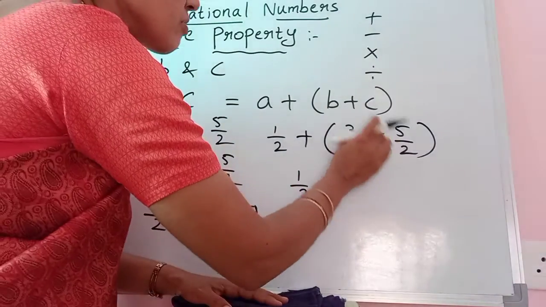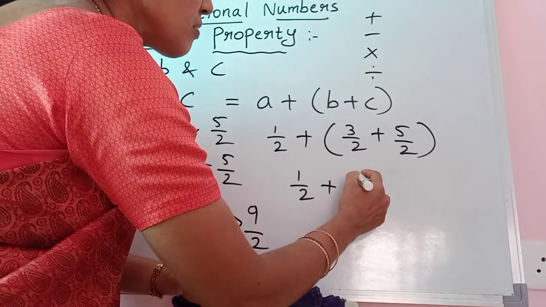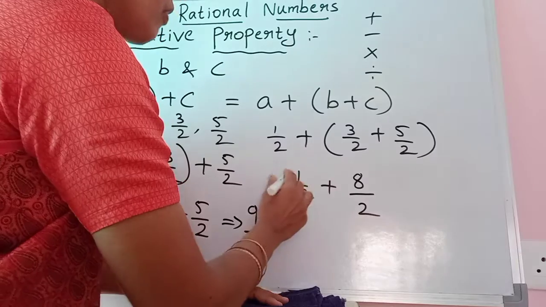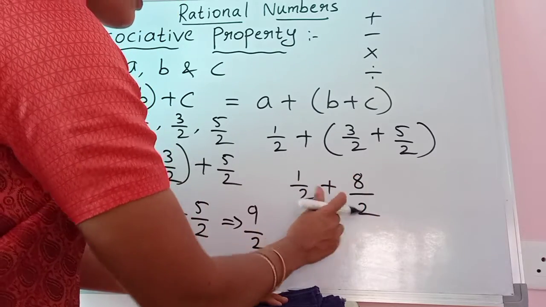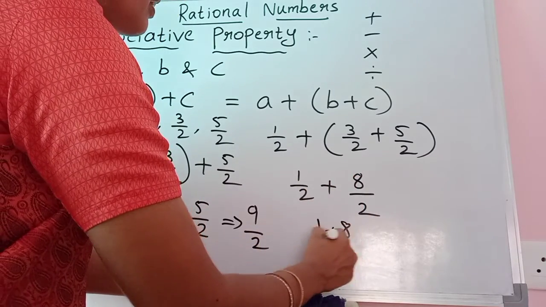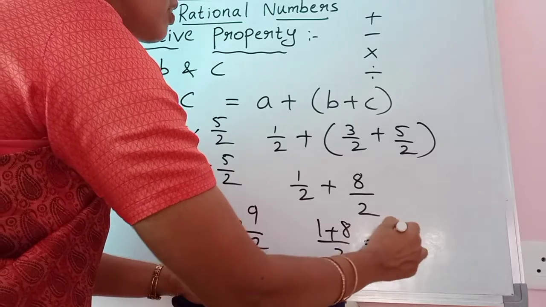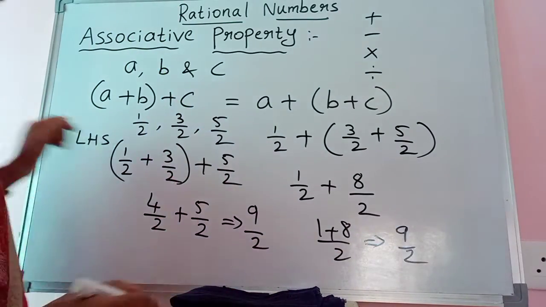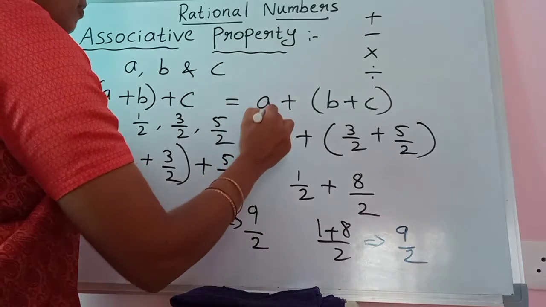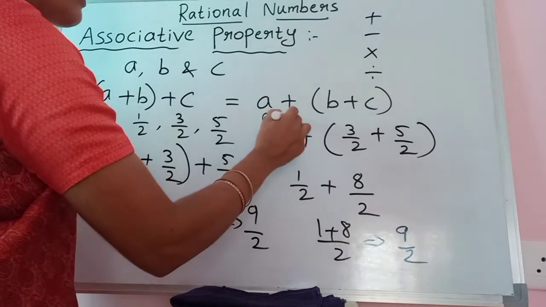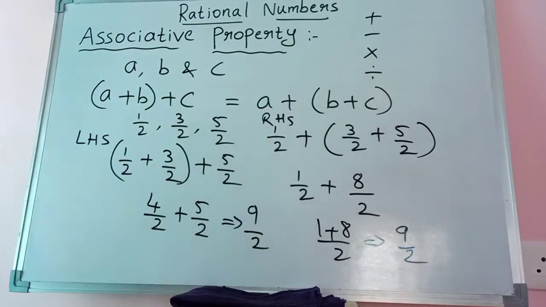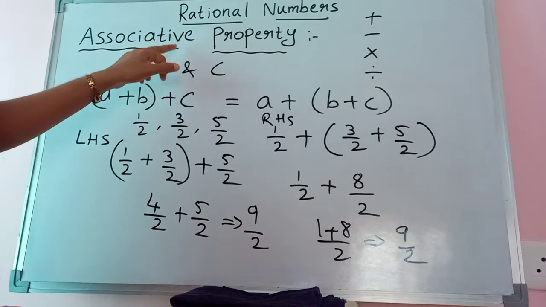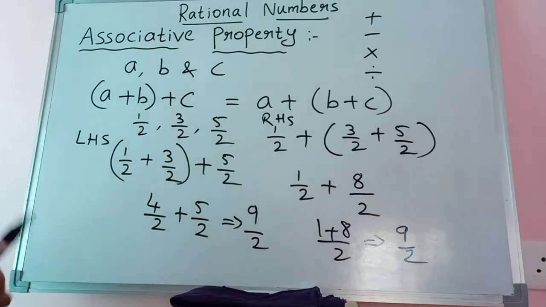Both are like fractions, and adding 3 and 5 gives 8/2. Now 1/2 plus 8/2, again like fractions, adding numerators, 1 plus 8 by 2, that is 9/2. The left hand side and right hand side are equal, both are the same. Therefore we say that rational numbers have the associative property under addition.